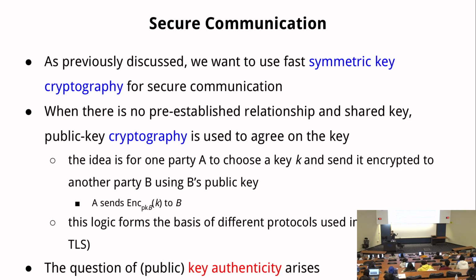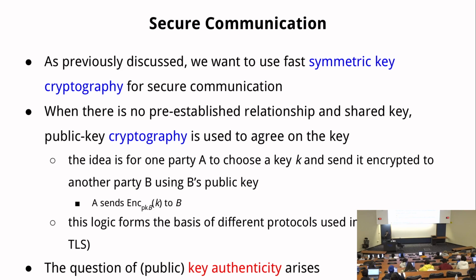As we said, symmetric key encryption is really fast. That's why even if we have public key crypto systems, we want to use symmetric key crypto to encrypt large amounts of data. We only use the public key system to transfer the keys.